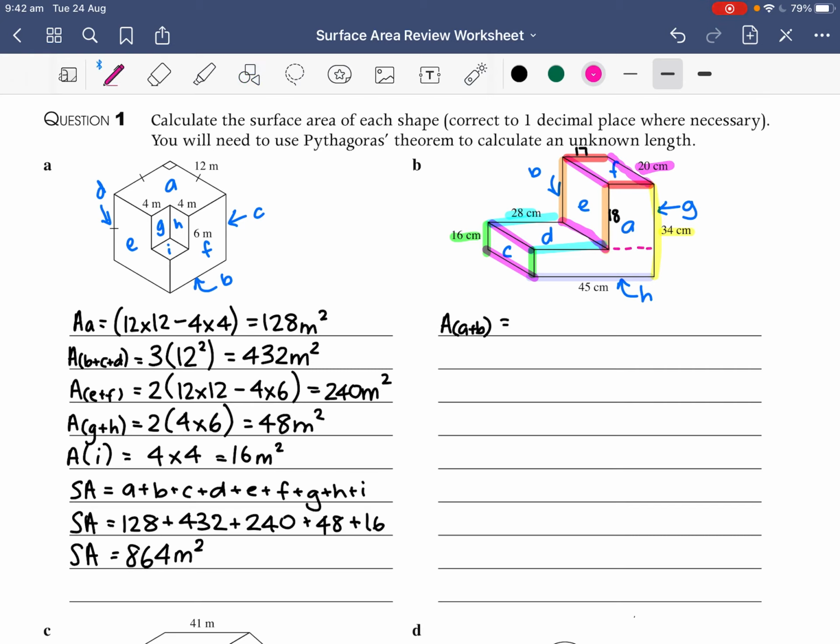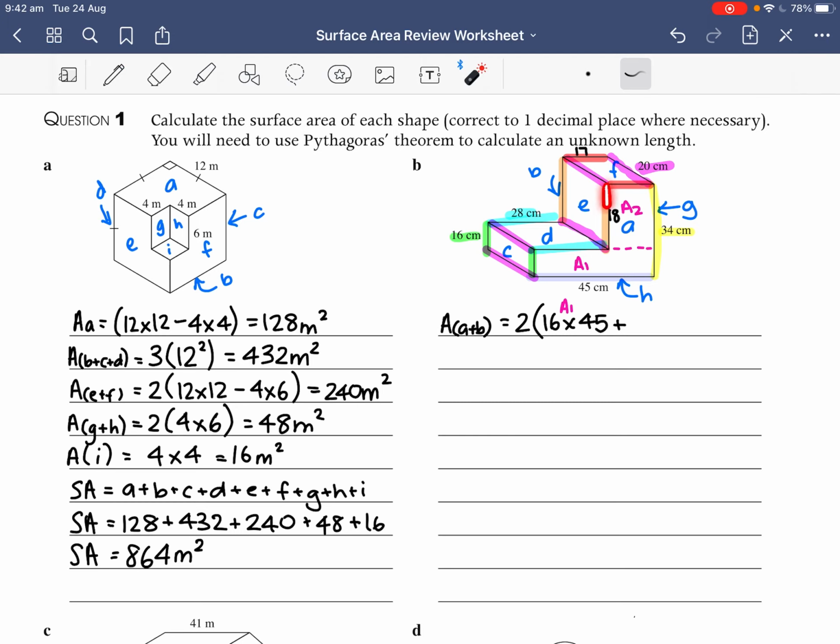So I'm going to split it along here, and I'll find area 1 and area 2. So area 1 is this rectangle here, and it has dimensions 16 by 45. So there's 2 of area A and B, so put a 2 out the front, and then we go 16 times 45, and that is my area 1.